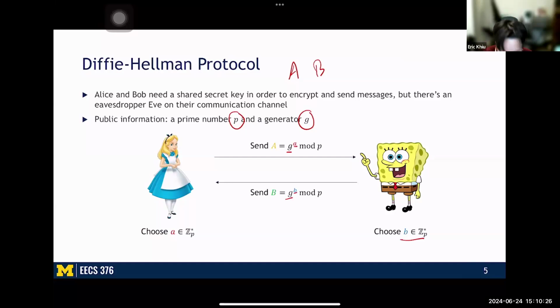Then with this information, Alice and Bob can get the shared key by computing what they got from the other raised to their own number.